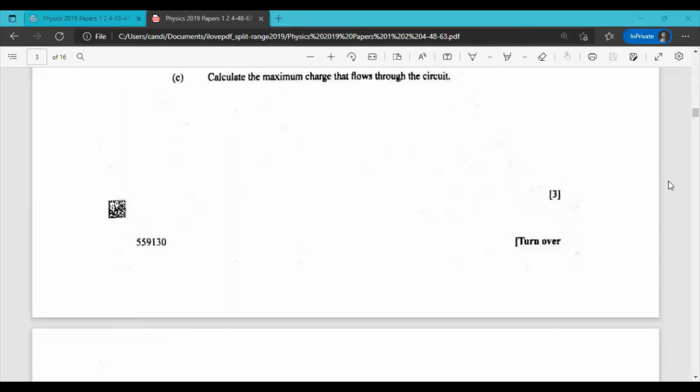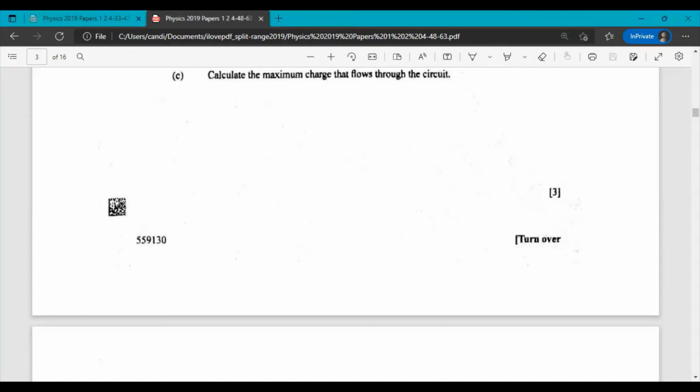Now, the next part of the question asks us to calculate the maximum charge that flows through the circuit. When you hear charge, you might think, oh, I'm going to use the equation for charge that has to do with current, but nope, that one is not going to be the one, because we don't have information about the time.